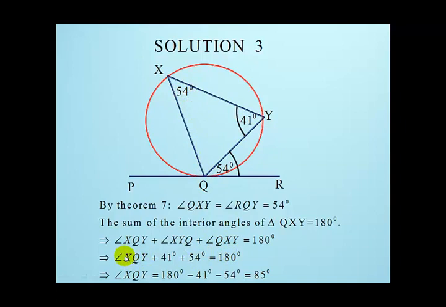Now, angle XQY is what we are calculating for, plus 41 degrees plus 54 degrees equal to 180 degrees. So plus 41 degrees becomes minus 41 degrees on the right hand side, and plus 54 degrees also becomes minus 54 degrees on the right hand side. And so angle XQY, the angle at Q, is equal to 180 degrees minus 41 degrees minus 54 degrees, and the answer is 85 degrees.